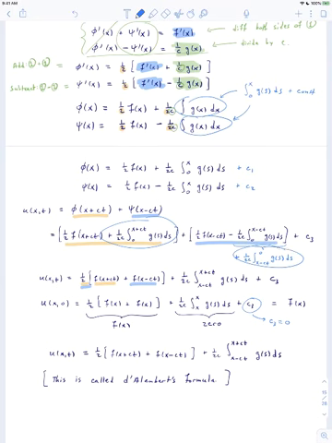Notice they both have a 1 over 2c in front. So we have a 1 over 2c here, and we're actually combining it with this one, 1 over 2c, so that's 1 over 2c there. And now this one, this is the integral from 0 to x plus ct, and this one's x minus ct to 0. So if you add those two together, you get the integral from x minus ct to x plus ct. So you have that here, plus some constant.